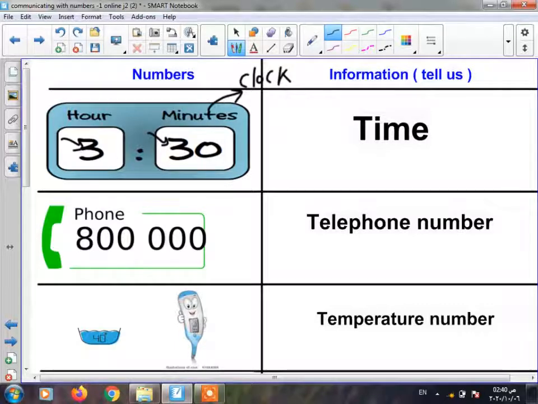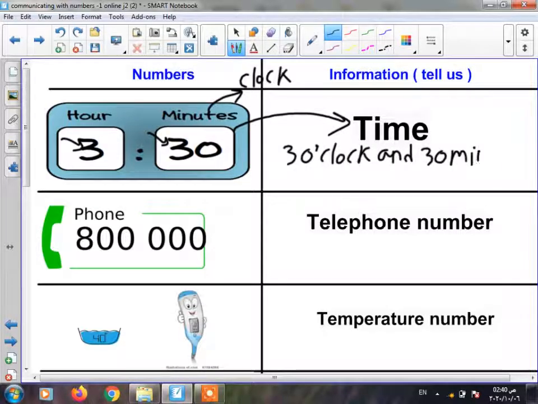These numbers give me information about what time it is. So at this clock, the time is 3 o'clock and 30 minutes. So from the numbers on the clock, I know the time.